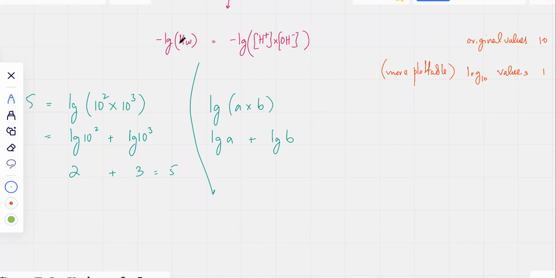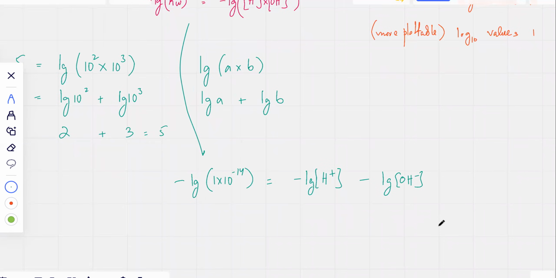So I can simply do it: KW is 1 times 10 power minus 14, and it's minus log of H plus 1 concentration minus the log of OH minus 1 concentration. If two things are getting multiplied, they're going to get added up in log. Because there's a minus sign, you multiply everything by minus. This comes out to be 14.